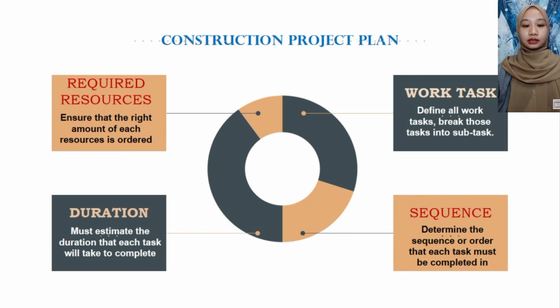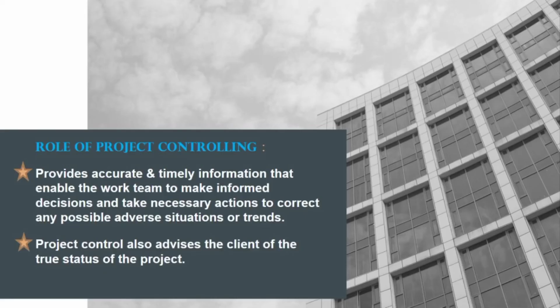Required resources. For each task required to complete the project, the manager will create a comprehensive breakdown of all resources required. Accurate resources will result in a more accurate budget and ensure that the right amount of each resource is ordered.